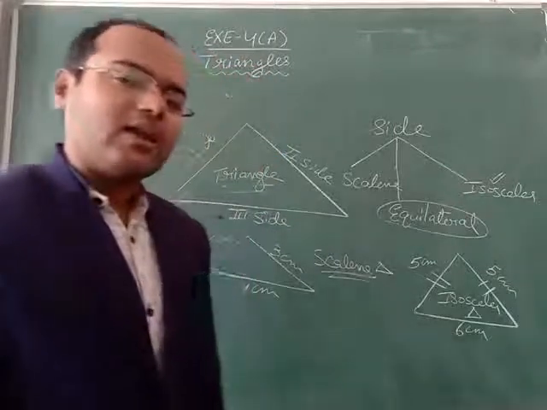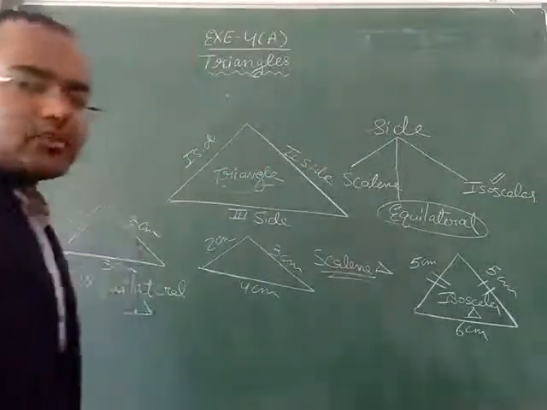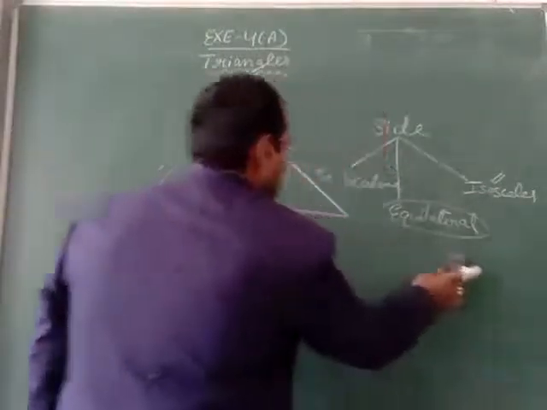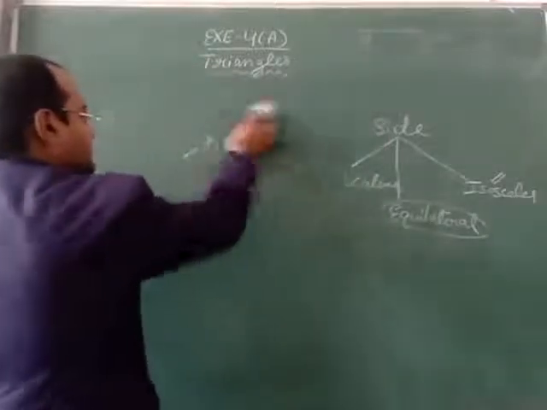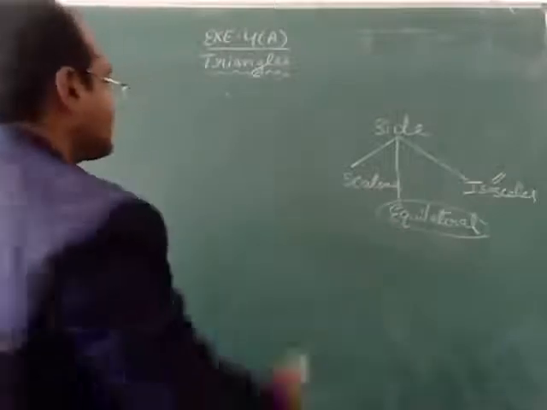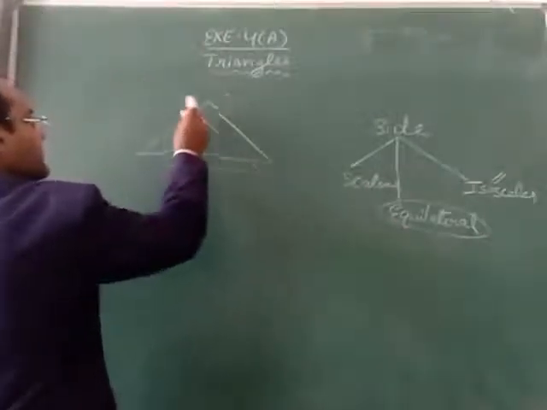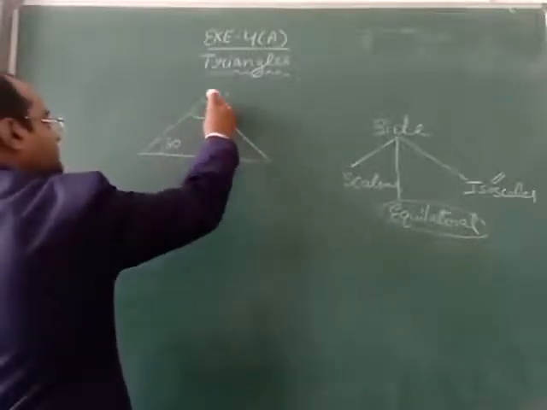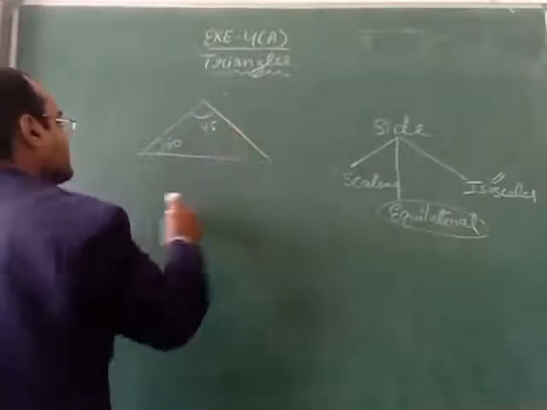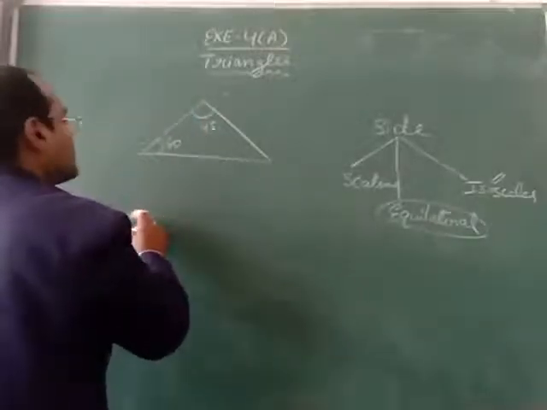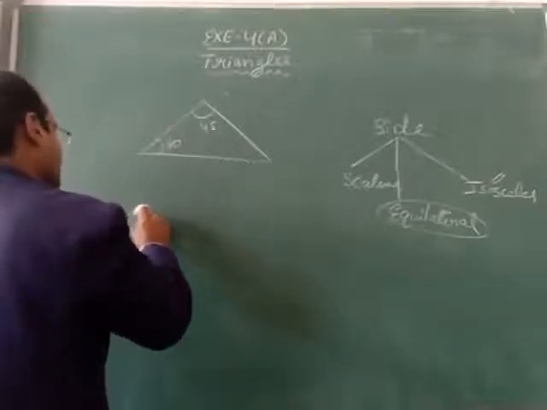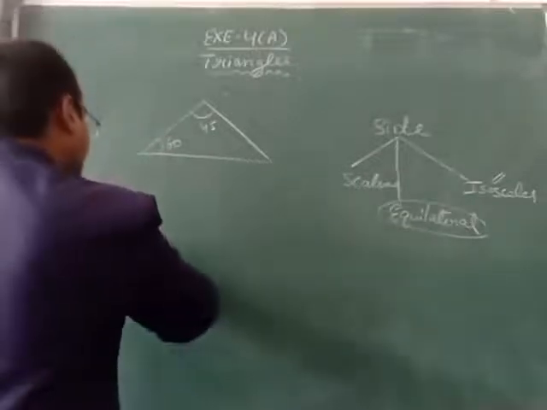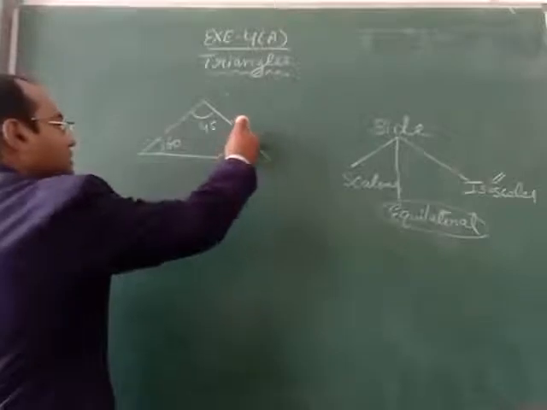Now on the basis of angle, also three types of triangle are there. Let me introduce them. On the basis of the angles, first one: here you will observe this figure I have drawn.